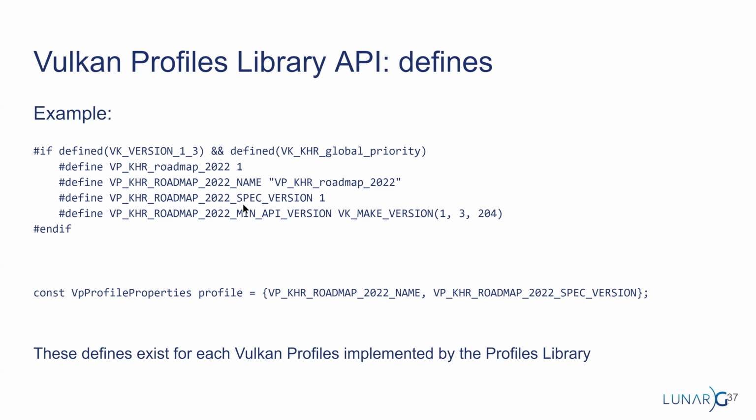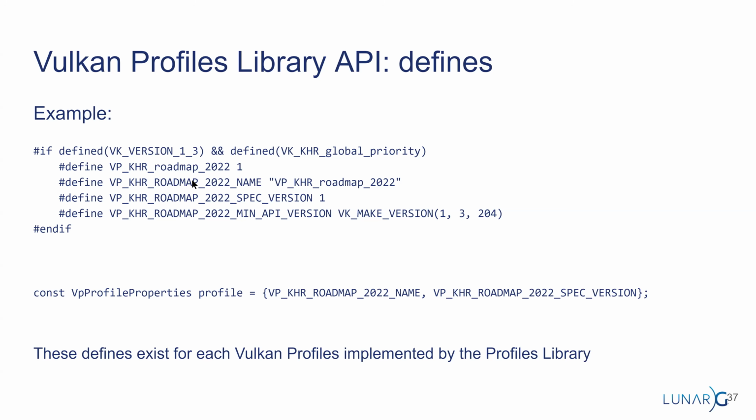If we look at the library, what it would look like, we will see some defines that say what the list of profiles available in the library is. For each profile, the first define, for example KHR roadmap 2022, is just to say the profile exists.